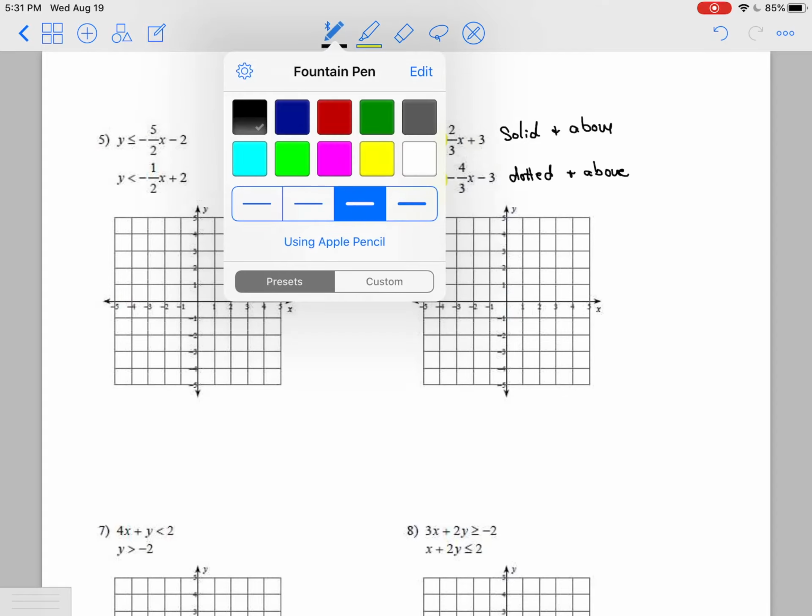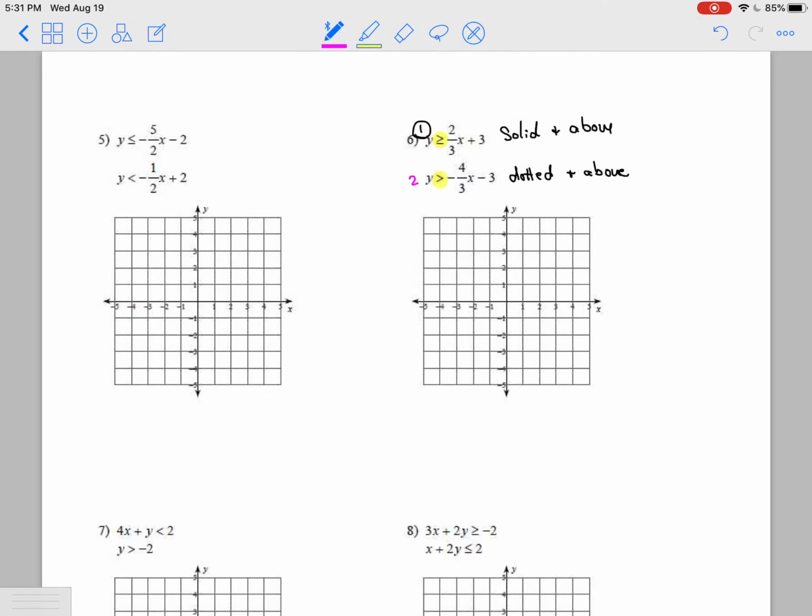All right, we'll call this equation 1, we'll call this equation 2. Equation number 1, let's start there. So we're going to plot our point at 0, 3, and we have a slope of 2/3. Now you guys notice that I don't have a lot of room here. I could go up 5 and then over 3, but I'm almost off my graph, aren't I? But that means I could make them both negative.